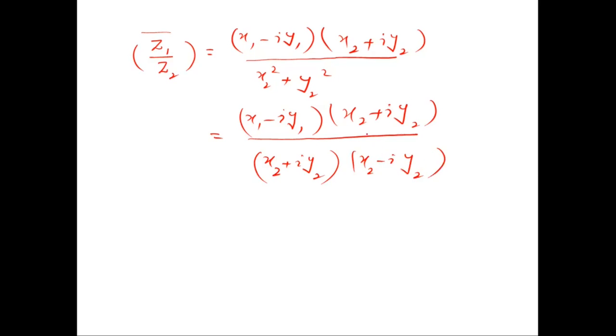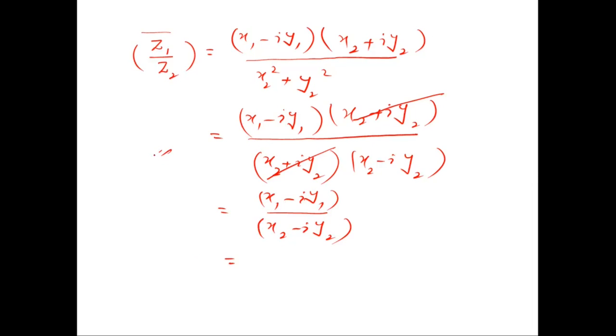Now you can see x2 plus iota y2 is cancelled by x2 plus iota y2. So it becomes x1 minus iota y1 dividing it by x2 minus iota y2.